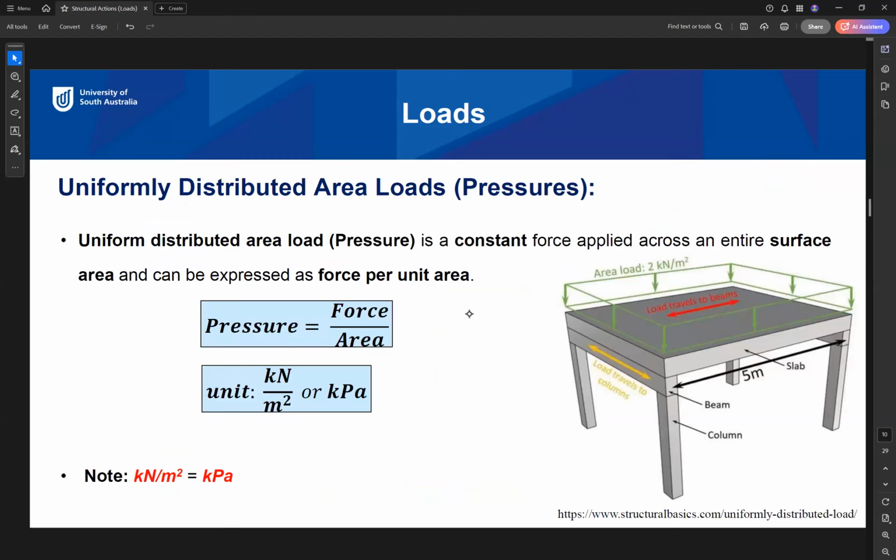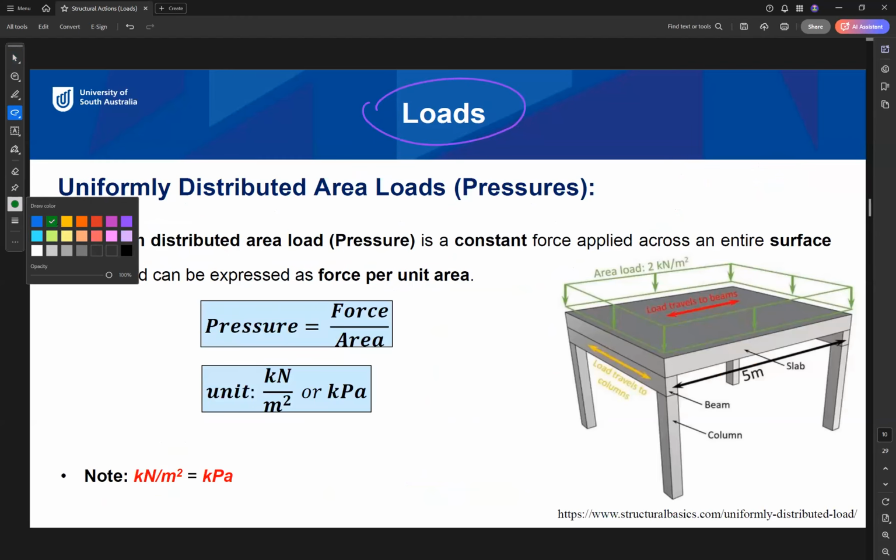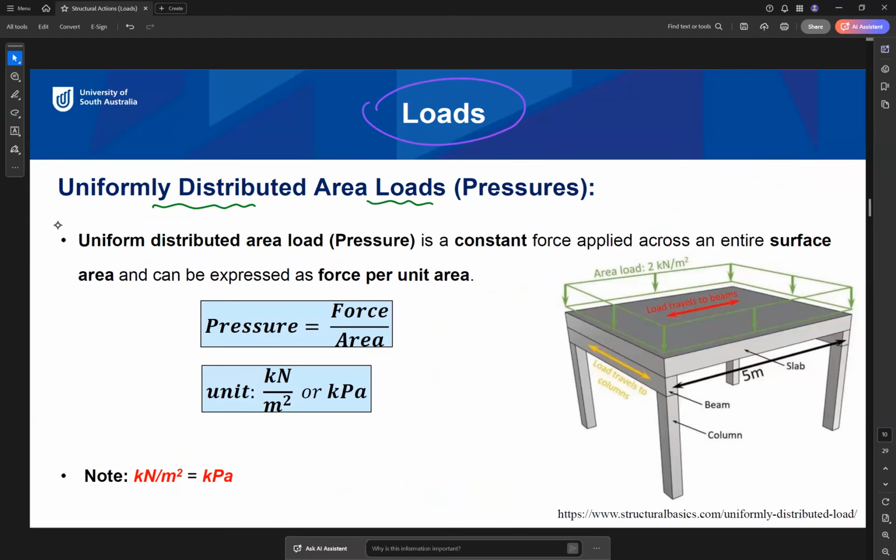The third type of load we have is the uniformly distributed area load, or pressure. On some elements like a slab, for example, as you can see here, this is a slab or a roof. The roof or slab is an area, so the load is distributed over this area like that.